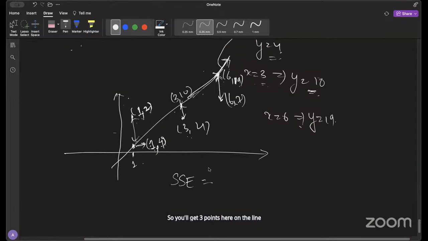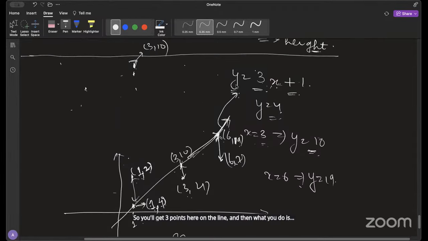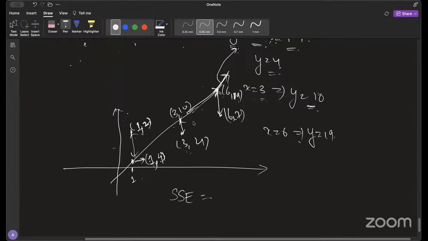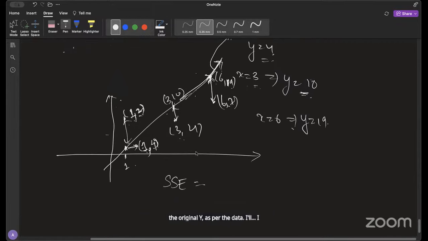And then what you do is you just find the distance between these two. This is the original y as per the data. I'll also give you a question, a sort of similar question to the one that will be given in the exams.